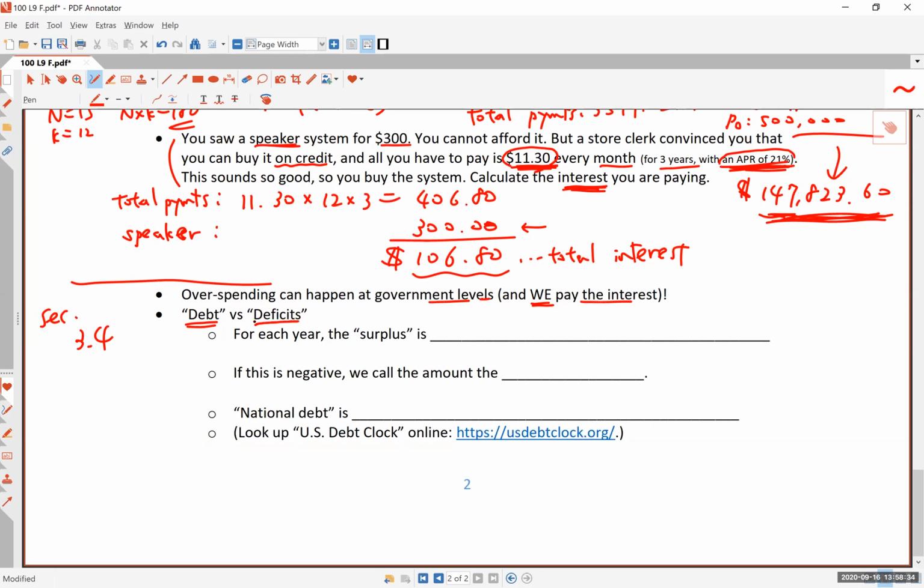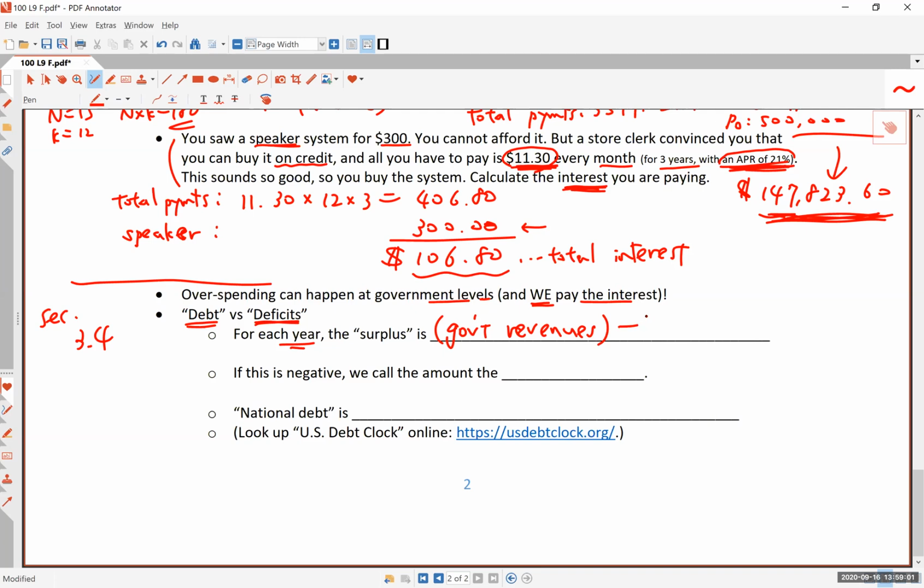Now, there is a difference between the word debt and deficits. For any given academic year or fiscal year or calendar year, the surplus is the government revenue, minus the government spending. Revenues are pretty much taxes: corporate taxes, sales taxes, property taxes from individuals, all those taxes.